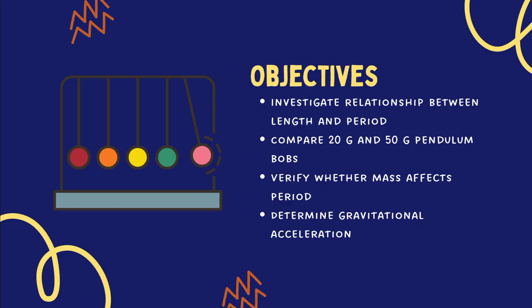The third objective was to verify whether the mass affects the oscillation period. Finally, I aimed to determine the experimental value of gravitational acceleration using graphical analysis and compare it with the theoretical value. These objectives allowed me to verify the principles of simple harmonic motion experimentally.